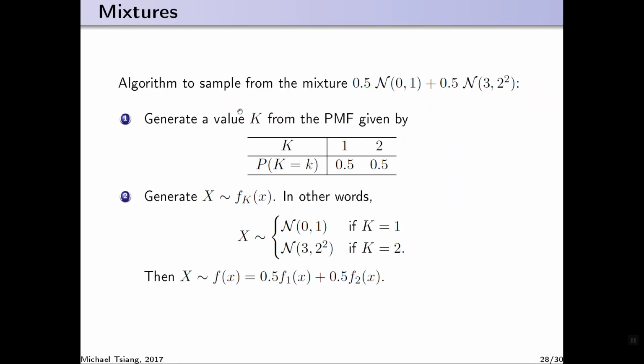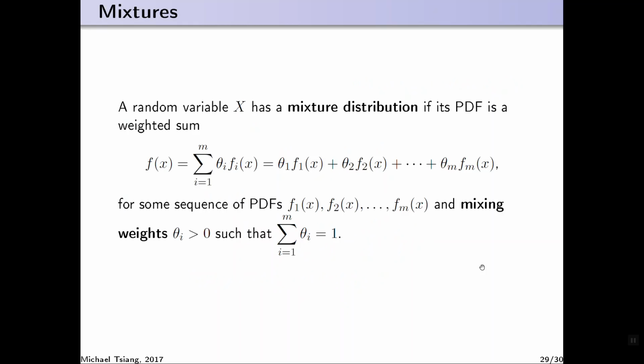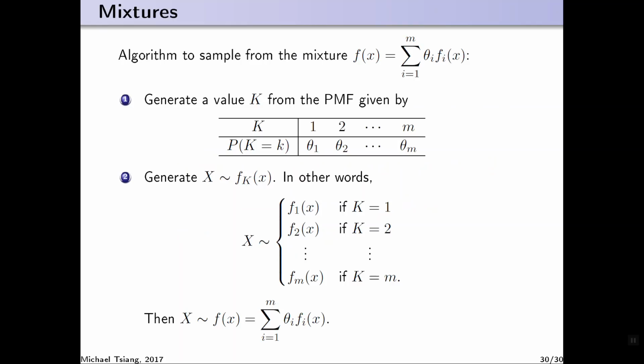Basically generate K from the probability mass function, so you generate K from the uniform and do this accordingly. You can have many more categories than just 2, and it's the same idea. First generate U to decide which of the categories it's going to come from, and then generate the other value from that respective distribution, and you have a mixture of distributions. Okay? Are there any questions?